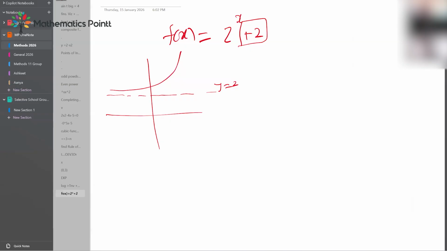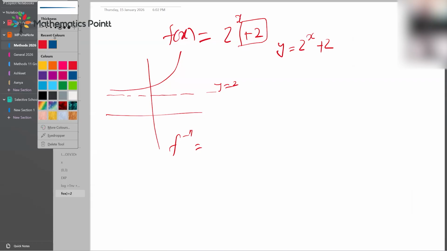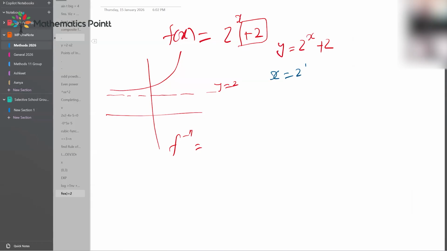Now, if I were to make a log function, so let's say I want to find the inverse of this function. Let's try to find it. So here, this is y equals 2 raised to the power x plus 2. Let's swap x and y. I'll say x equals 2 raised to the power of y plus 2. I'm trying to find the inverse.